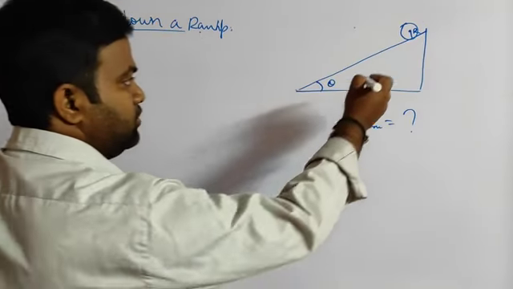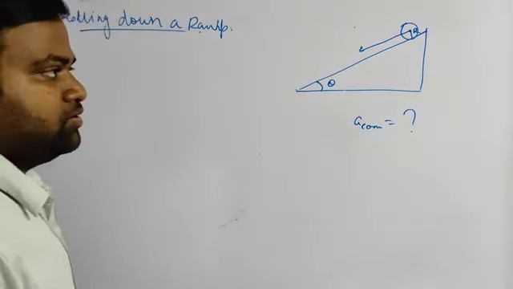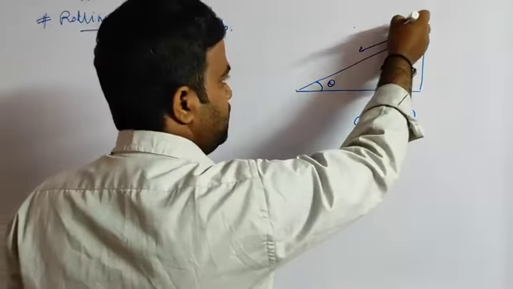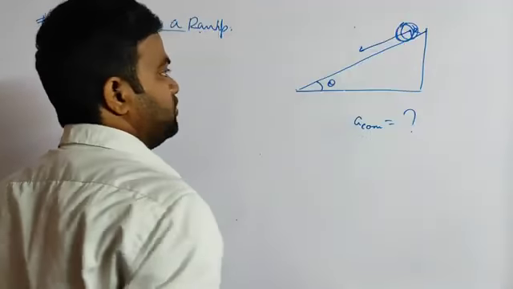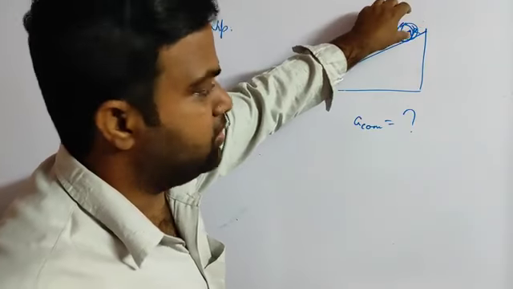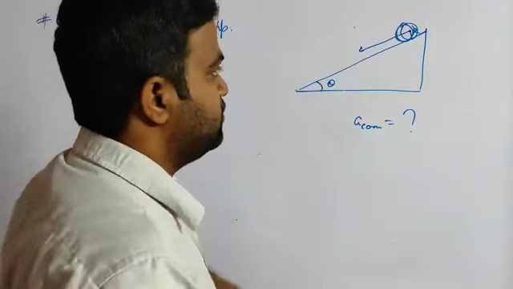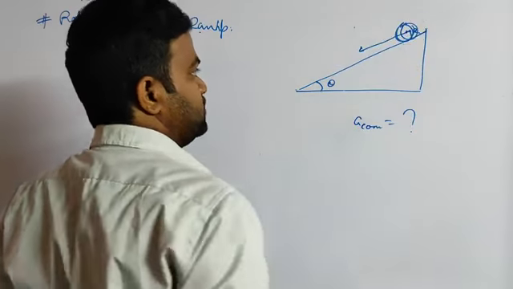One is due to the motion of the center of mass, and another one will be due to the rotation of the object, because as it rolls down, it will also rotate about the axis through the center of mass.